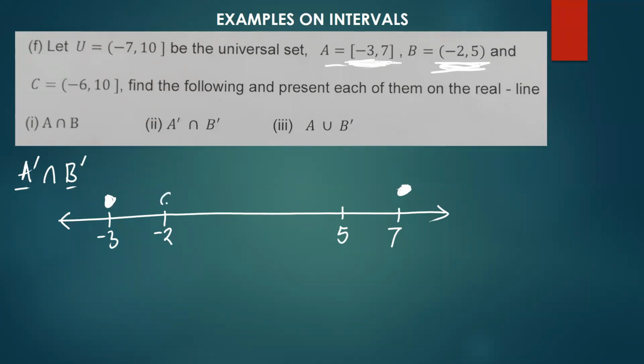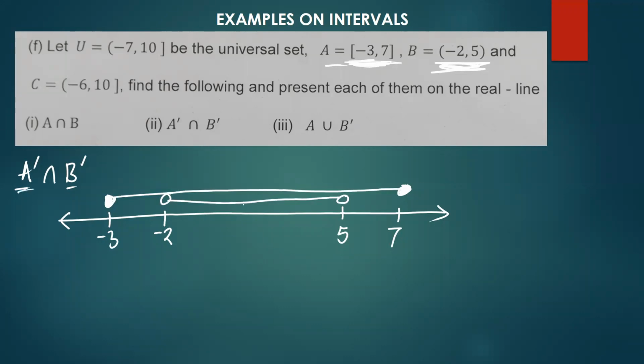And it's open on both ends. So we have -2 and what? And 5. And it's open. So this is what we have. Now, this is A on top, and down there, this is B.